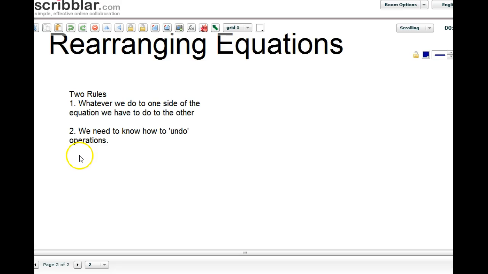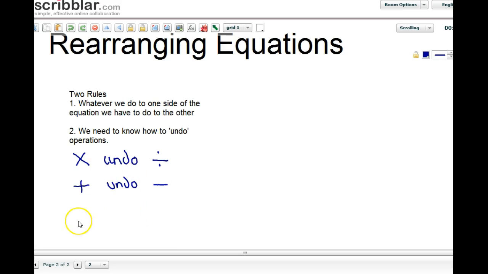So the first thing is, if we see a multiplication sign, we can undo this by taking the opposite action, and the opposite action to multiply is a divide. So we can undo a multiplication by dividing. If we see an addition, we can undo this by subtracting.